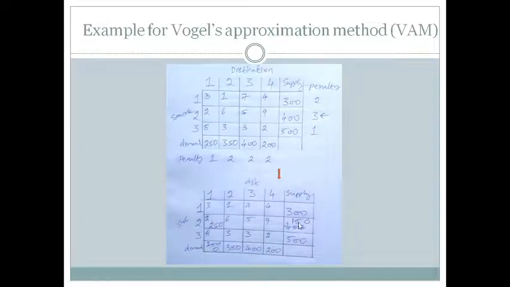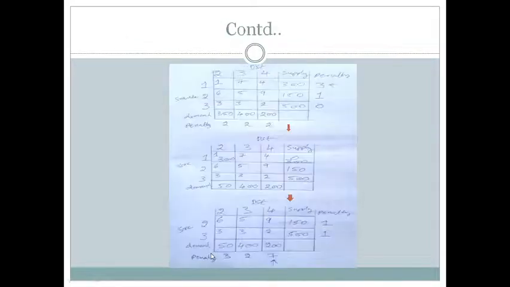In this case we get 150 as the new supply value and 0 as the new demand value. Once we get 0 in the demand value, the corresponding column is removed.